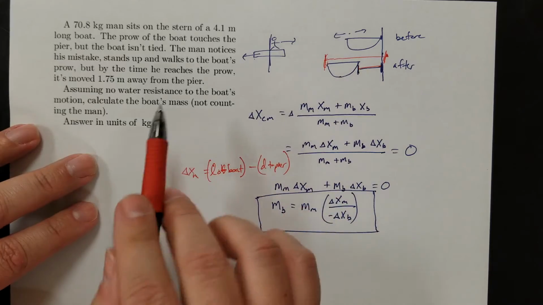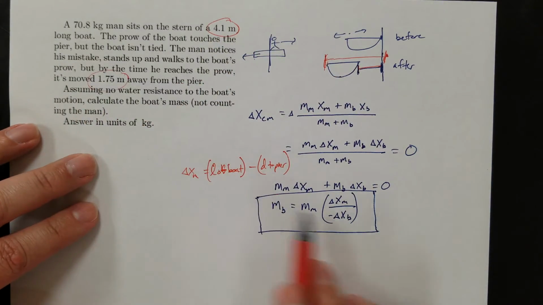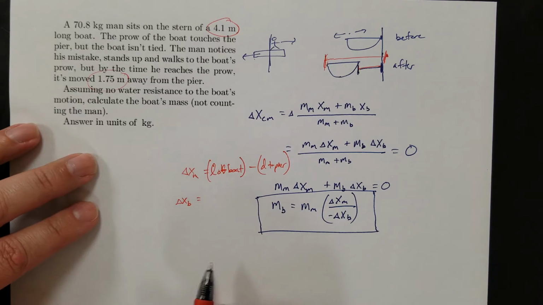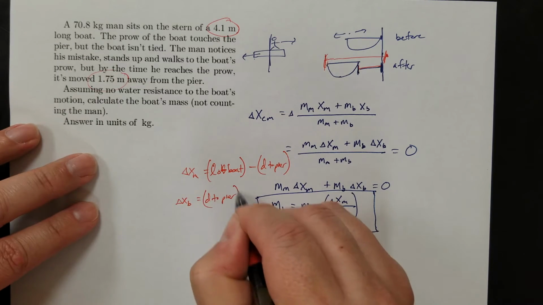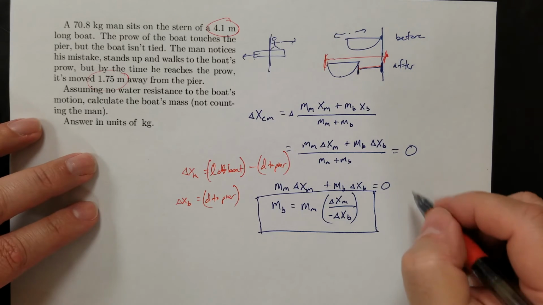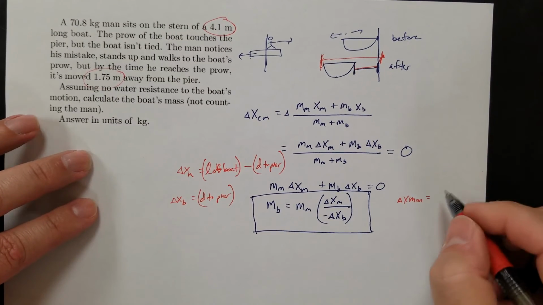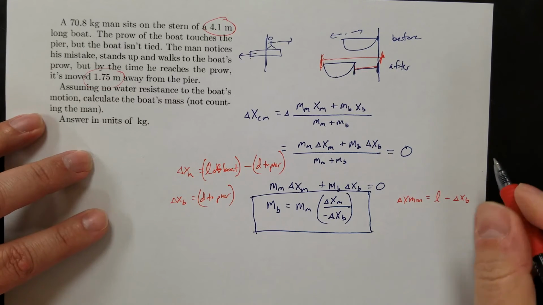Right? If I subtract 4.1 minus 1.75, those are my numbers. Subtract those two, that's delta x for the man. And then delta x for the boat, that's just this number. That's distance to the pier. So another way to write this, delta x for the man is the length of the boat minus delta x for the boat.